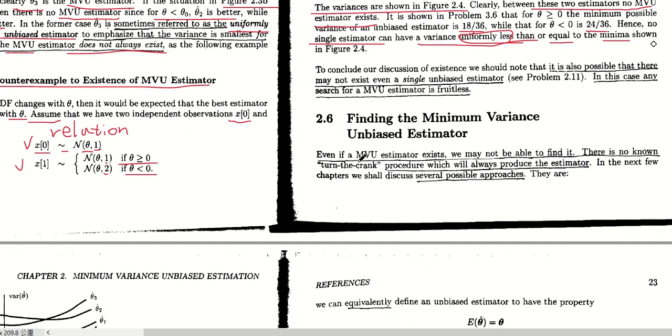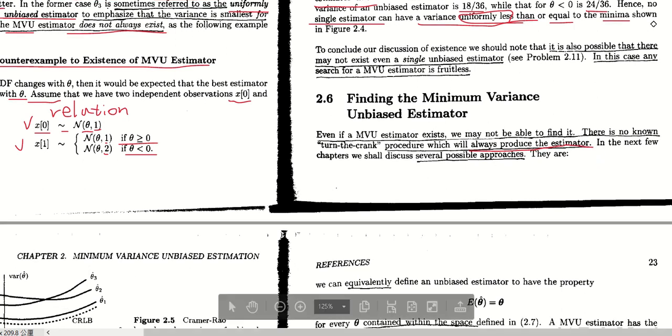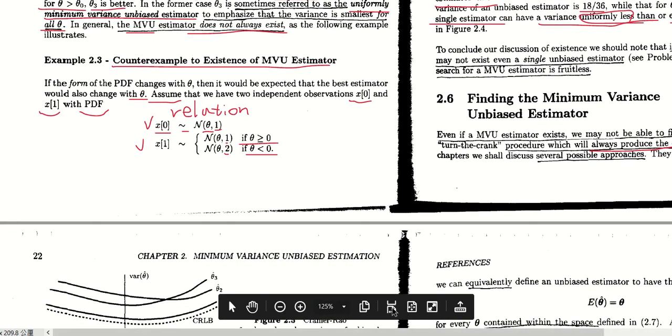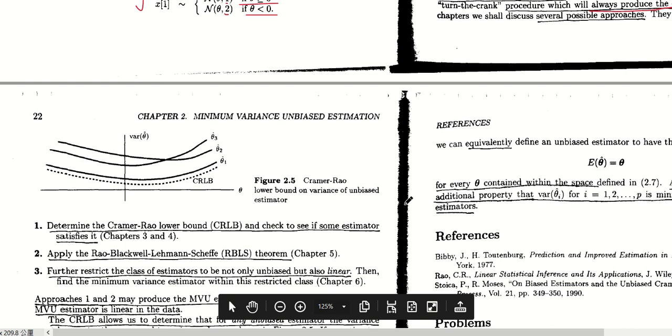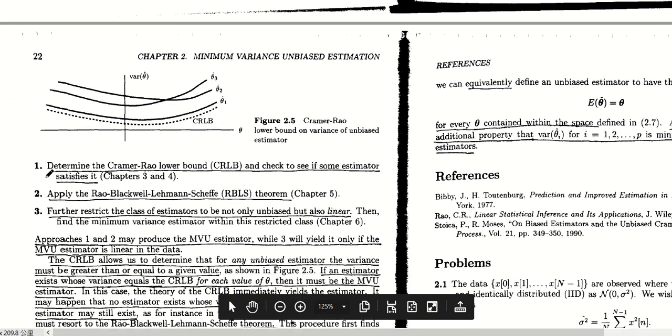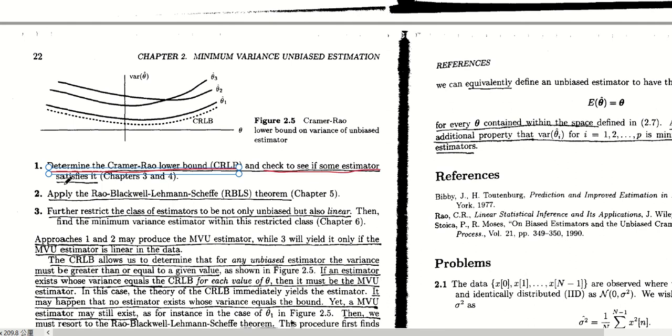Okay, so that's the difficulty if we don't have a uniformly better estimator. Then even if an MVU exists, we may not be able to find it. There is no known procedure which will always produce the estimator. But we will discuss several possible approaches. First, determine the Cramer-Rao bound and check to see if some estimator satisfies it.